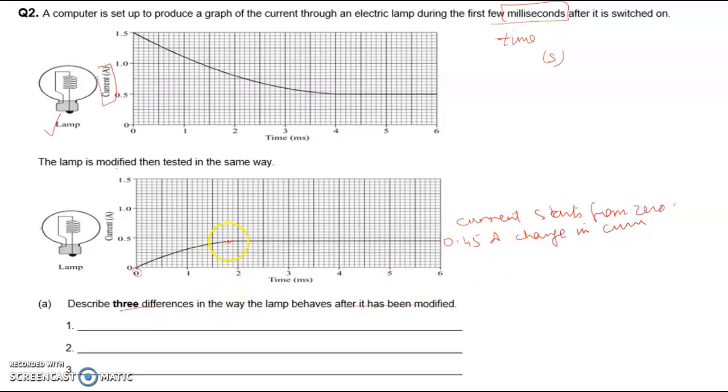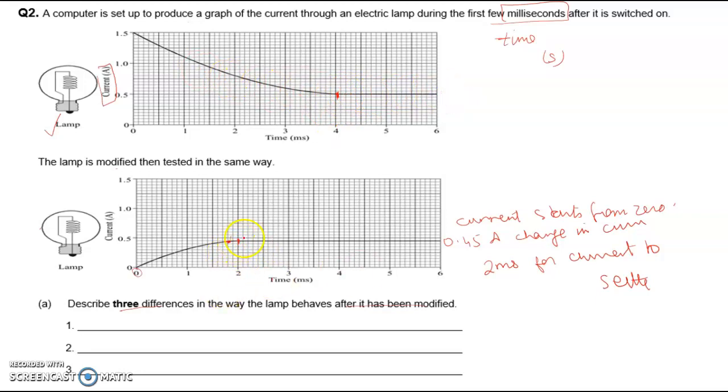You can see that the current produced is quicker. It takes about 2 milliseconds for current to settle. So you don't have to wait for longer, whereas in the previous graph, you had to wait till 4 milliseconds for the current to settle down.